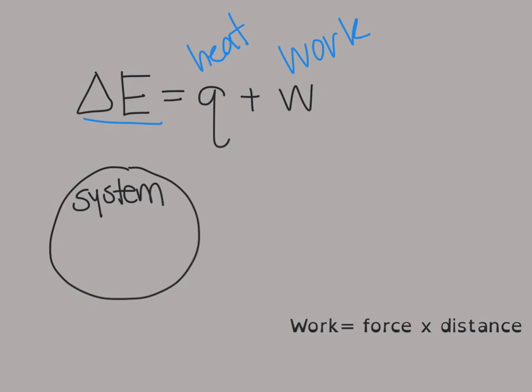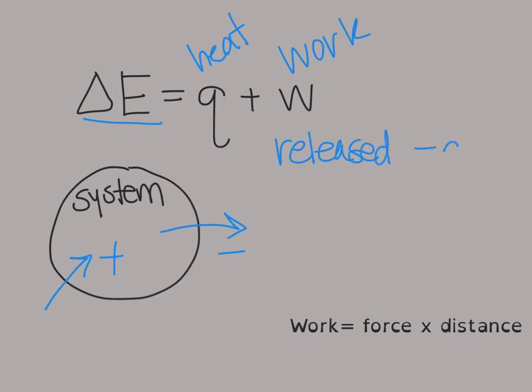Now, the biggest issue that you're going to face in solving these problems, because the math is pretty simple, is deciding if the heat and work are going into the system or coming out of the system. Remember, if you're going into the system, it is positive, and if you're coming out of the system, it is negative. So if they say heat is being released, well, that is a negative sign.